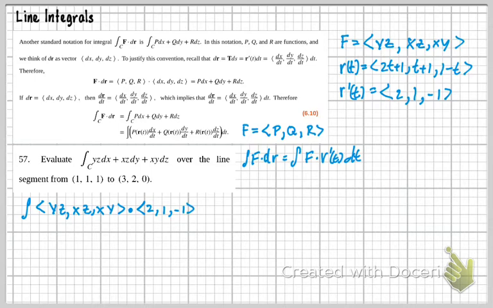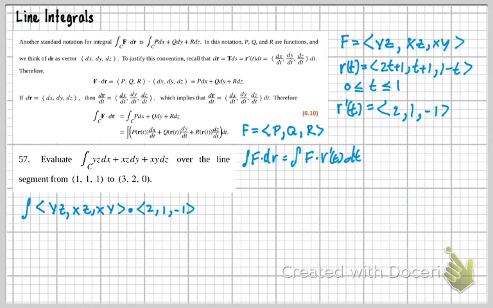When we set up our integrals this way, if I plug in 0 for t, I'm going to get 1, 1, 1. And if I plug in 1 for t, I'm going to get 3, 2, 0, because 1 minus 1 is 0. So the way I set those up, my t, when I'm talking about two points, is always going to be between 0 and 1.